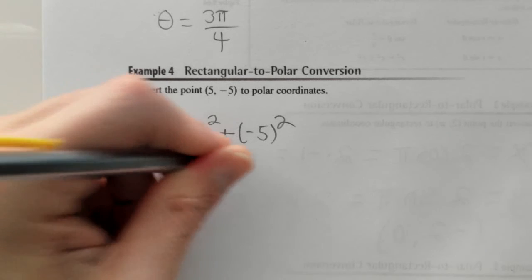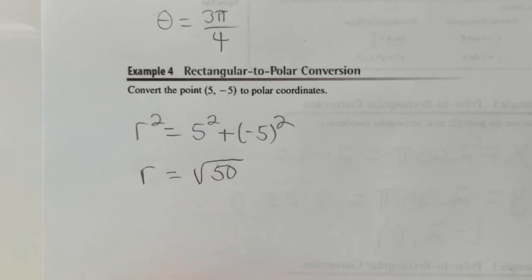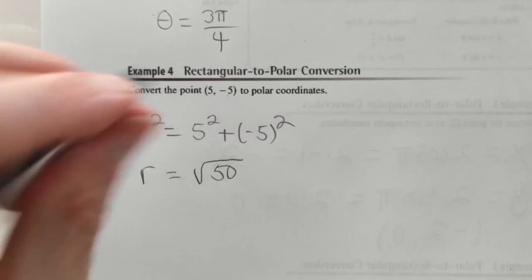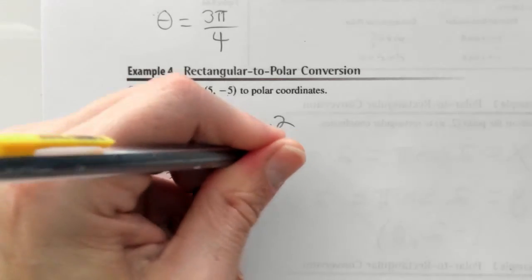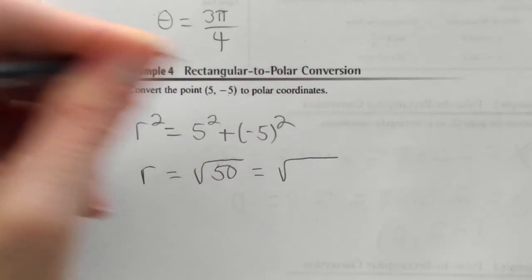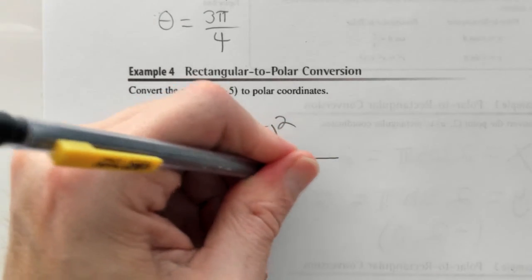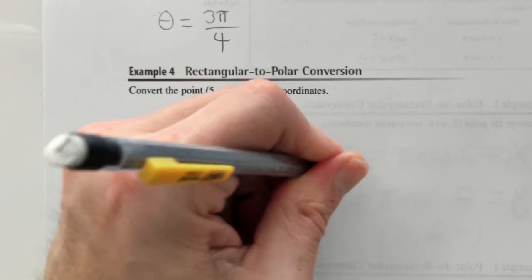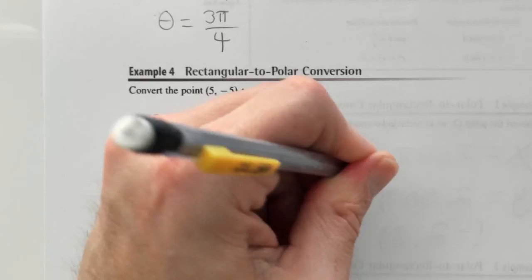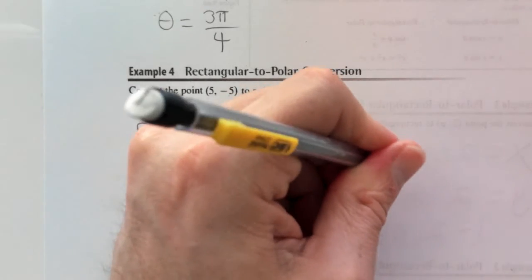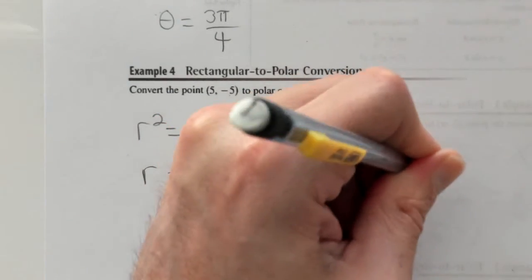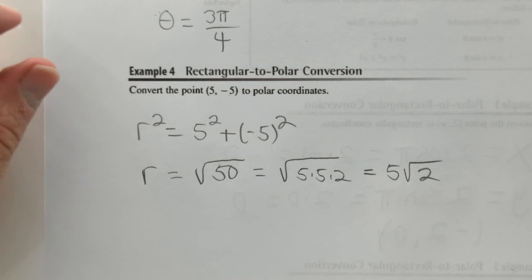So that's square root of 50. So there is my radius, but we can simplify that a little further because that's equal to the square root of 25 times 2, which becomes 5 square roots of 2. And I would say that's the best way to write the answer for the radius.